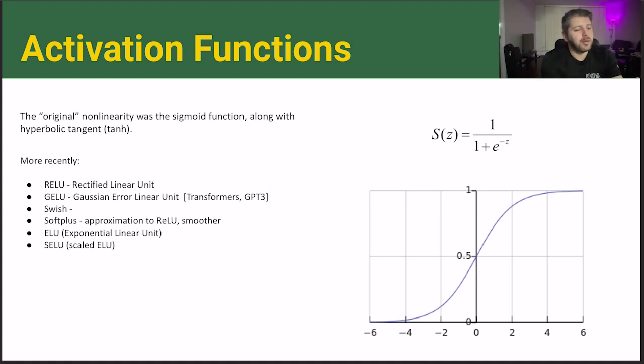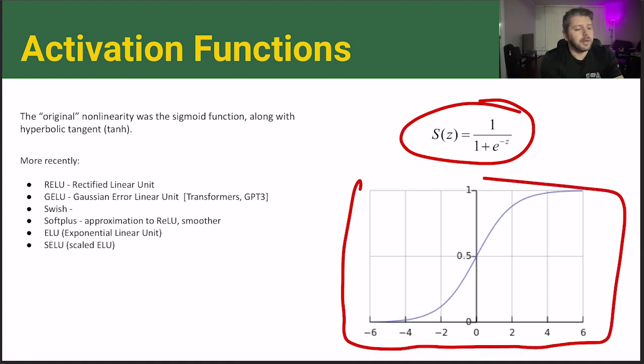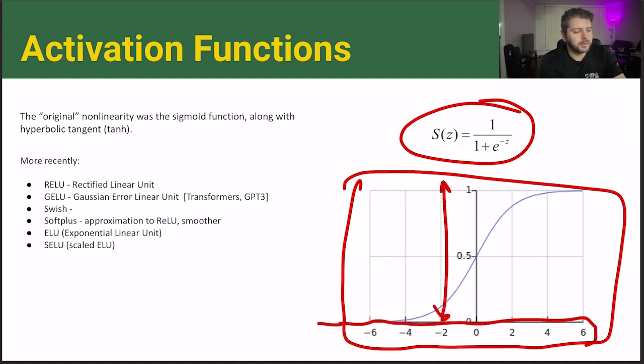And here we see the sigmoid function and what it actually looks like on a graph. We would map anything from the real numbers along this line to something in the range of 0 to 1. And at 0, we have a value of 0.5.